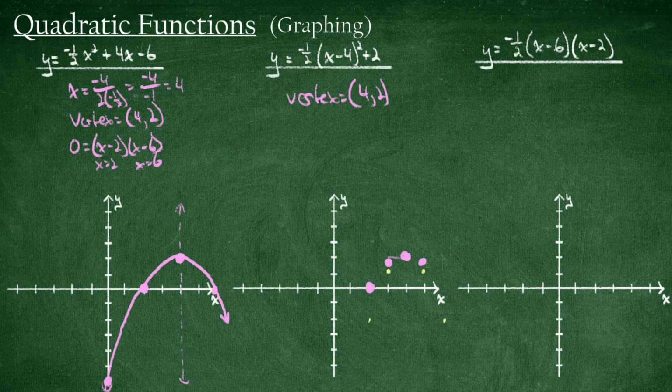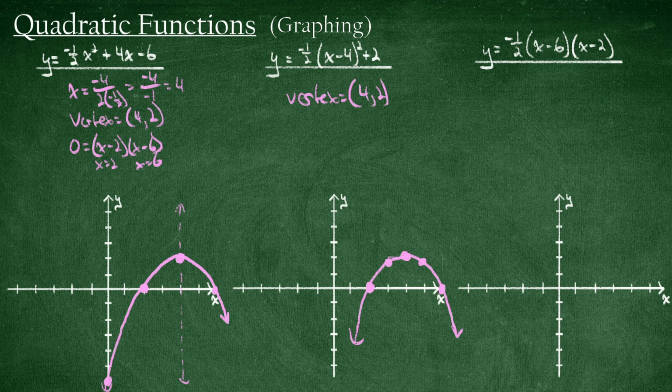Over 1 down 1/2, over 2 down by 2. And at that point, I can get rid of these yellow ones, and we will connect the dots. Not bad, right? Definitely a lot easier.